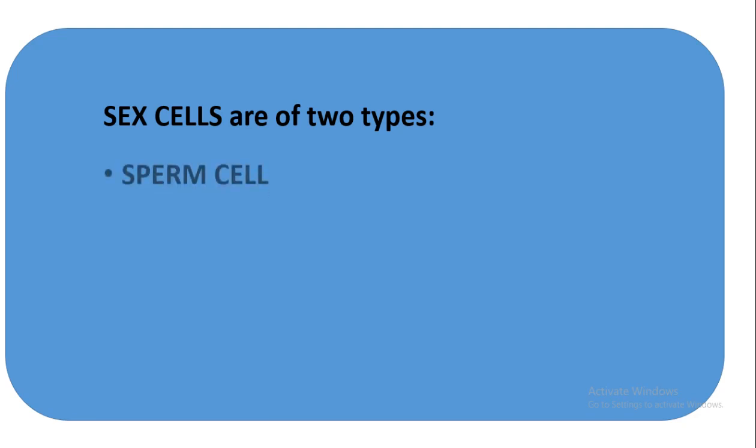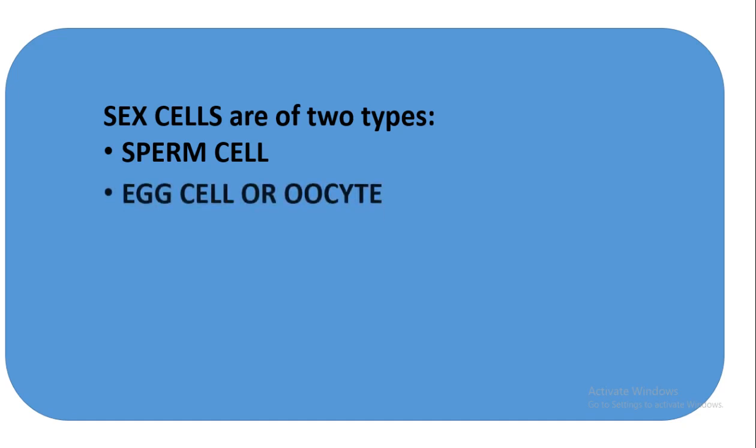Let's quickly look at these same sex cells. Sex cells are of two types. We have one, the sperm cell. We have two, the egg cell, which is also known as the oocyte. Remember, the sperm cell is found in the male, and the egg cell is found in the female.